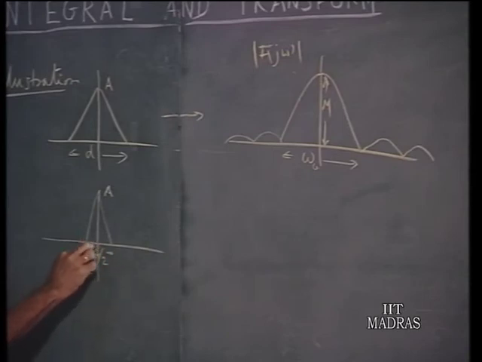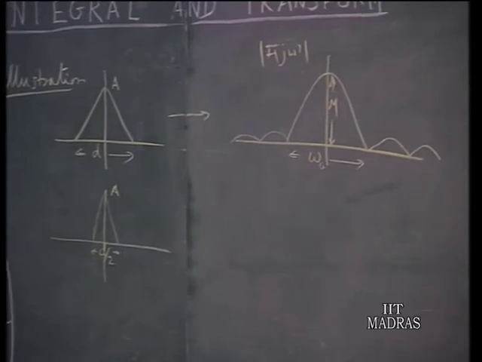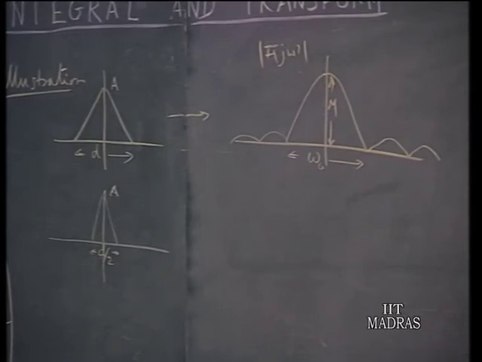So, the same sequence of information events are now compressed in time. They are occurring over a smaller interval of time, d upon 2. So, if this is f of t, this will be f of 2t, because at a smaller value of t you get the same original values.